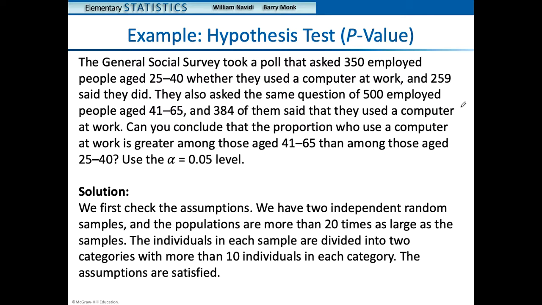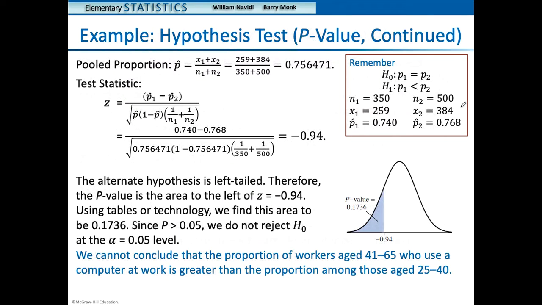The individuals in each sample are divided into 2 categories, right? Those who use a computer at work and those who don't. And in each case, there are more than 10 individuals in each category, so all of those assumptions are satisfied. The next step is to establish the hypotheses.